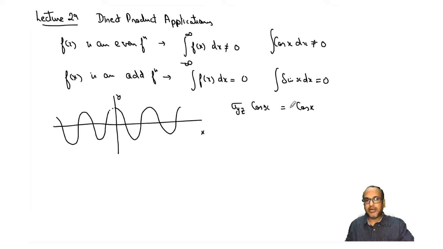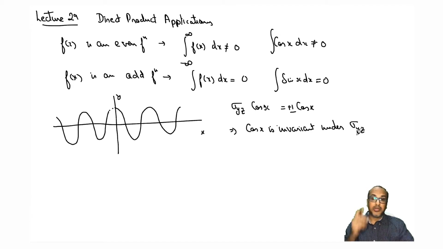That means the character under this is +1. So this would imply that cos x is invariant under sigma YZ.